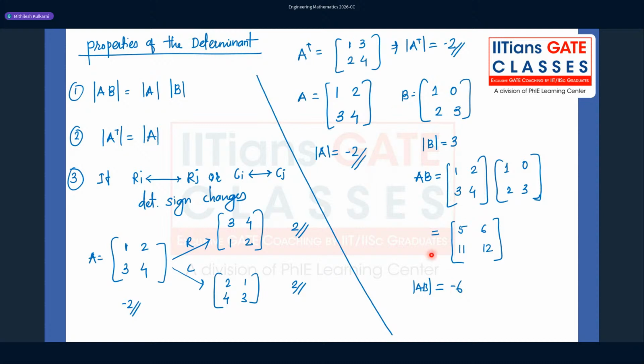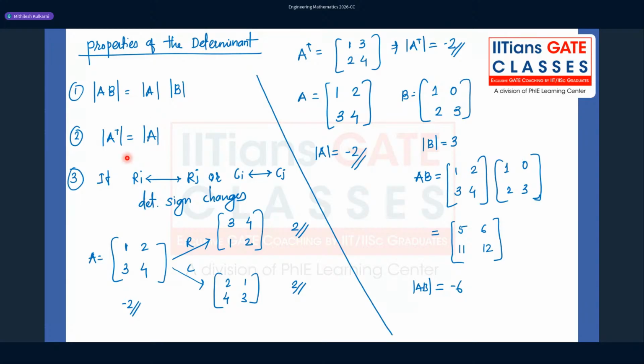So this is a proof that if I have two matrices A and B, then determinant of A into B is determinant of A into determinant of B.